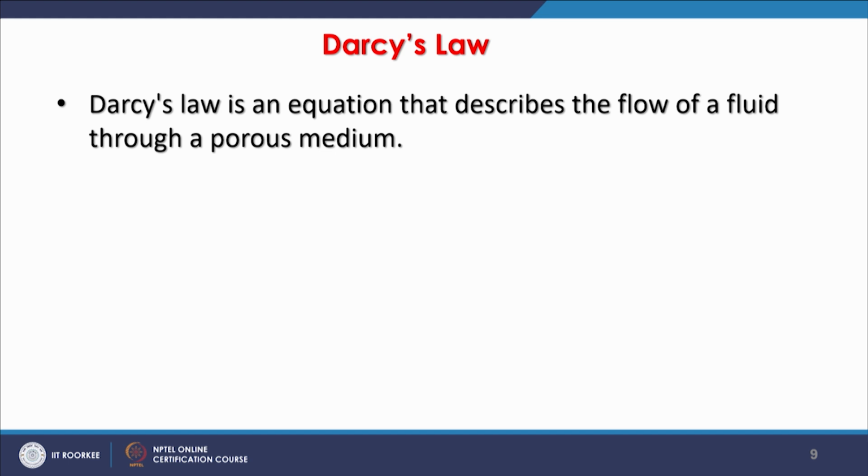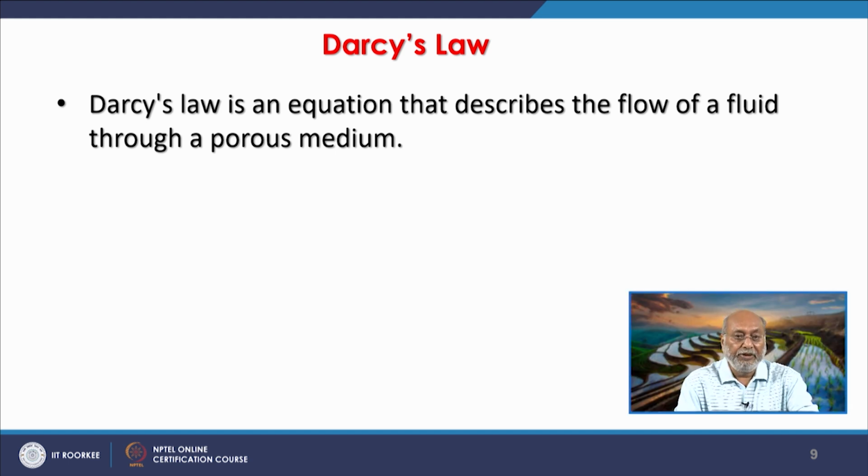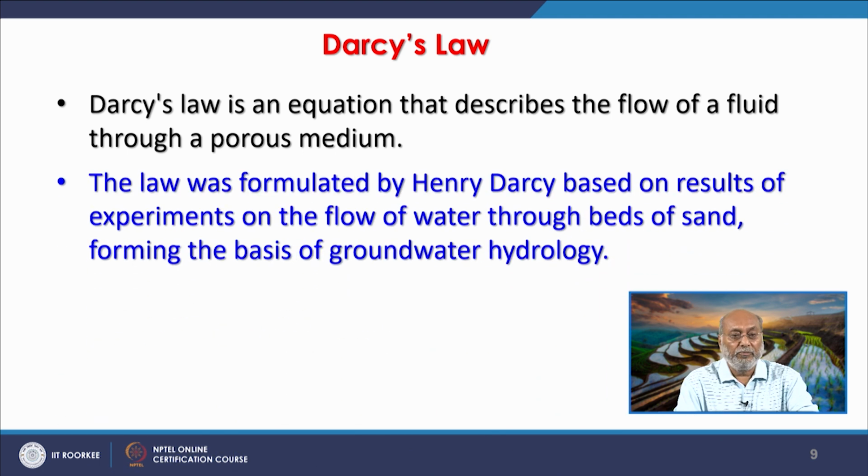So, Darcy's law, as we have seen, is an empirical equation that describes the flow of fluid through a porous medium. Do not think all the time that in real situations we are encountering only sedimentary rocks, although a lot of sedimentary rocks are porous.